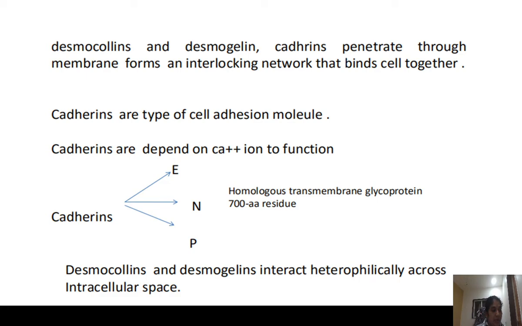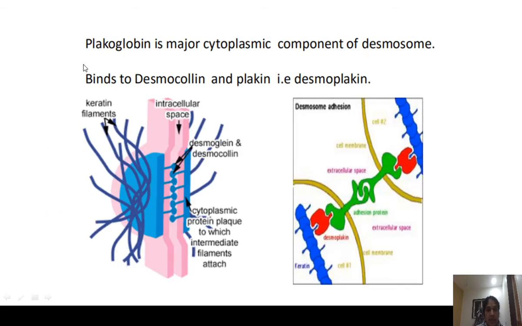The desmocollins and desmogleins interact heterophilically across the intercellular space. Desmoplakin is a major cytoplasmic component of the desmosome and binds to the desmocollin. You can see here this is the intercellular space, that is the space between the two cells.